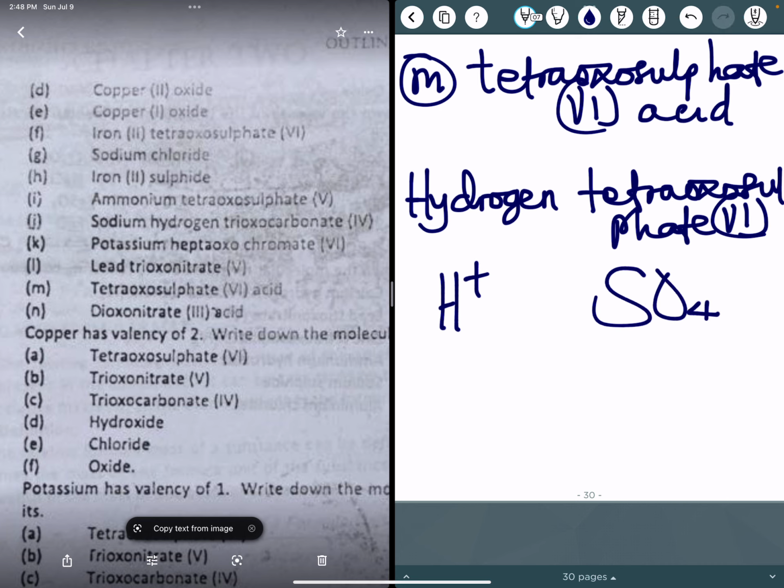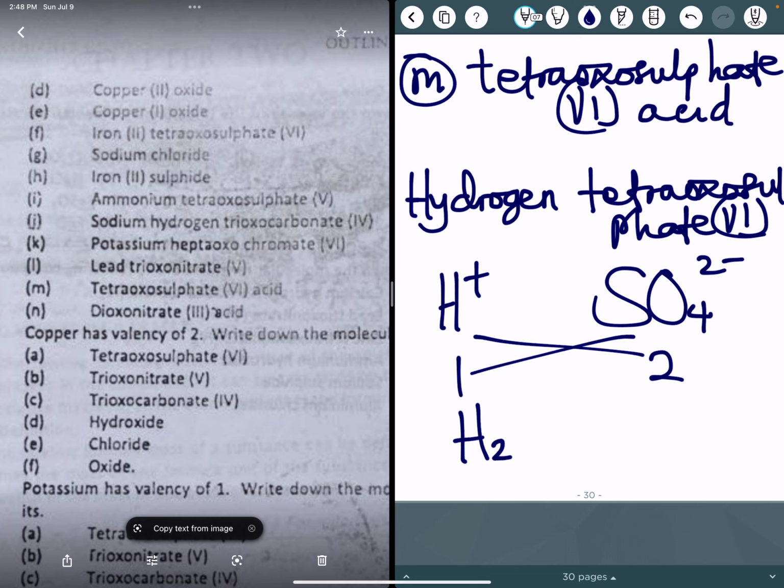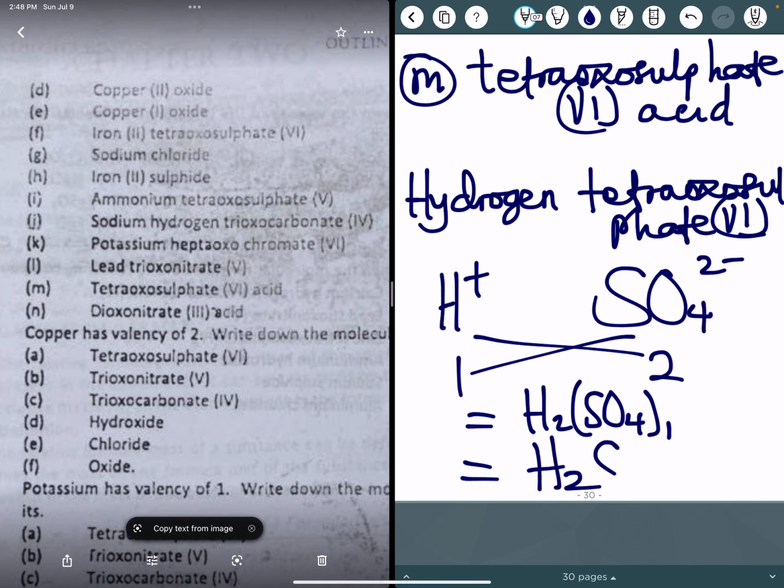The tetraoxosulfate 6 ion is SO4 2 minus. So from their charges, I'll get their valencies 1, 2. Exchange the valencies, and the compound formed will be H2SO4 1. But because we don't always write our 1, tetraoxosulfate 6 acid is written as H2SO4. Take note of that too.